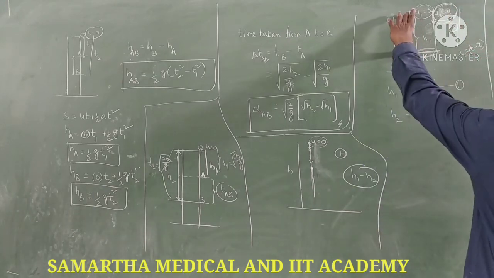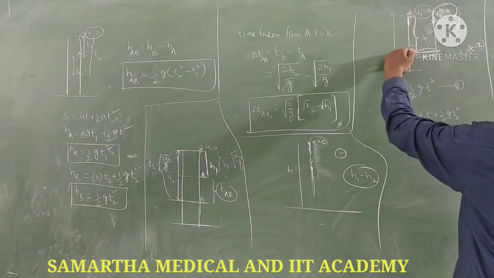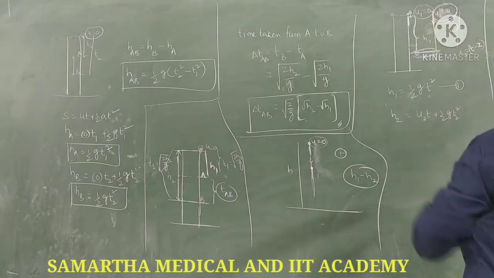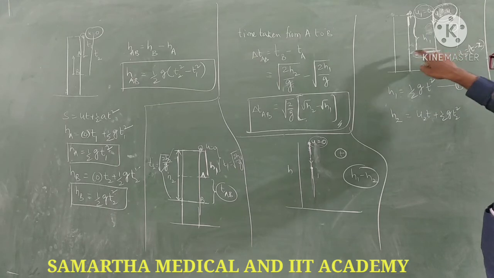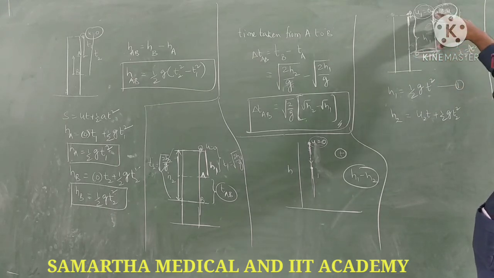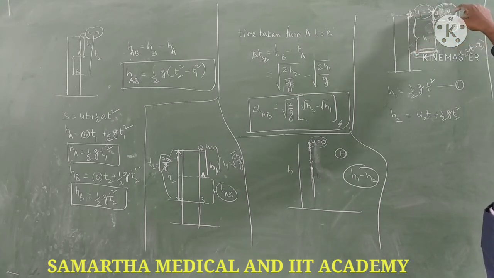Suppose it takes 10 seconds to travel for a freely falling body, and the second body is thrown down after 3 seconds. If both the bodies are meeting, the journey time for the second body will be the journey time for the first body minus the dropping time gap.